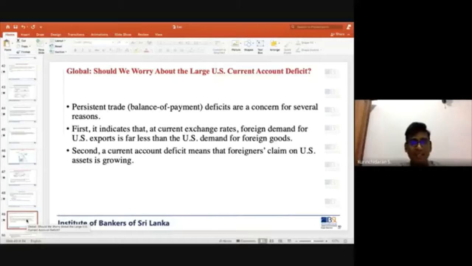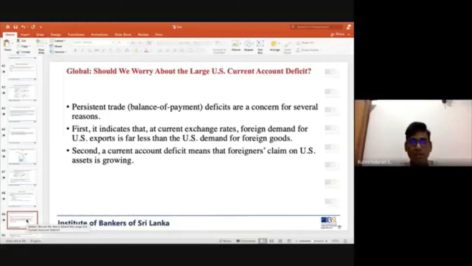And second, a current account deficit means foreigners' claim on US assets is growing, right? If you are continuously having a current account deficit, the foreigners' claim on the US or local assets is going to be large.